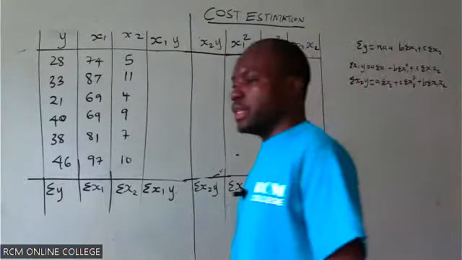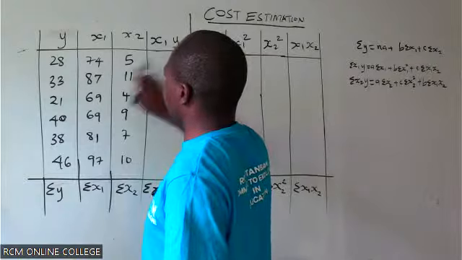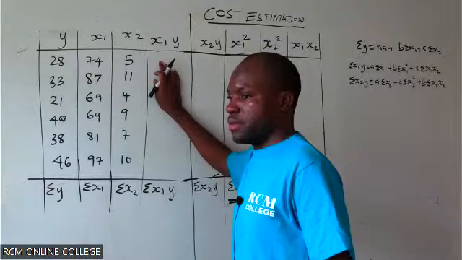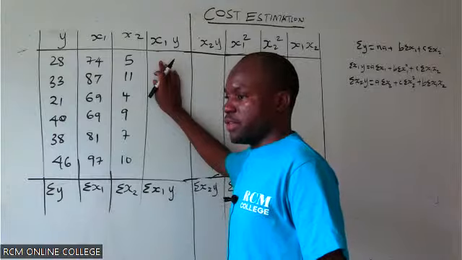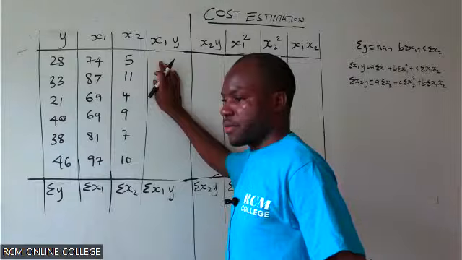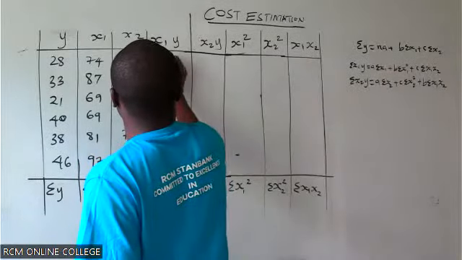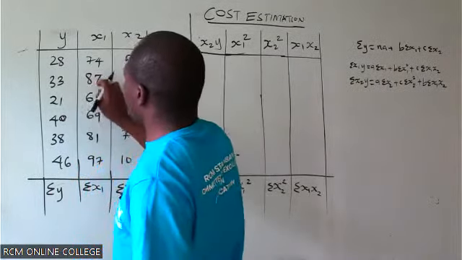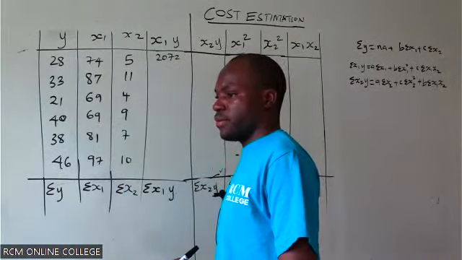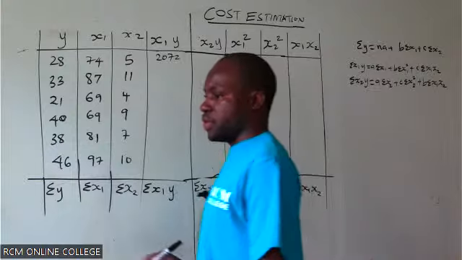So let's now calculate here X1Y. That is this times this. What do you have? 28 by 74. What do we have? 2072. How about 33 by 87? Very fast. 2871.